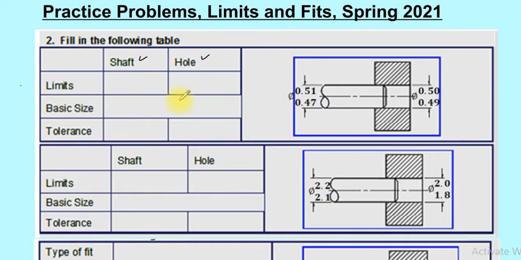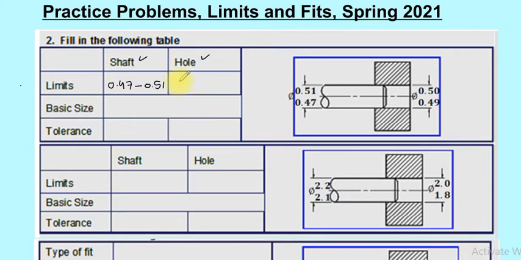So from the diagram you can see that the shaft has the size limits between 0.47 to 0.51. So we can write here in the shaft limits as 0.47 to 0.51.